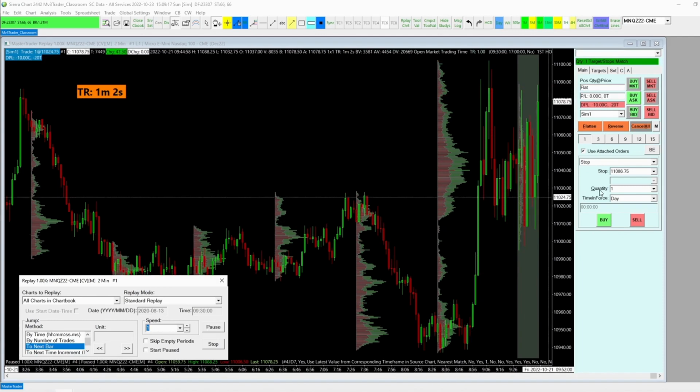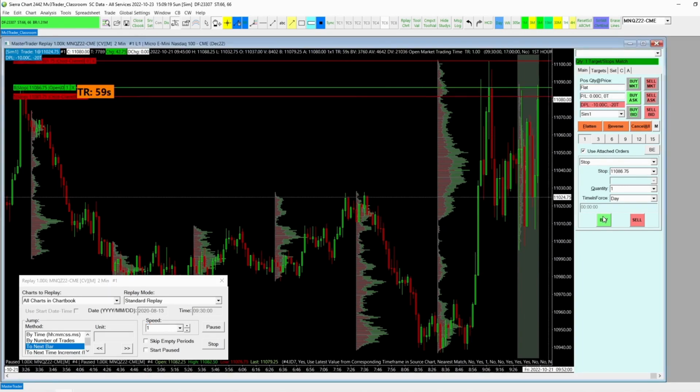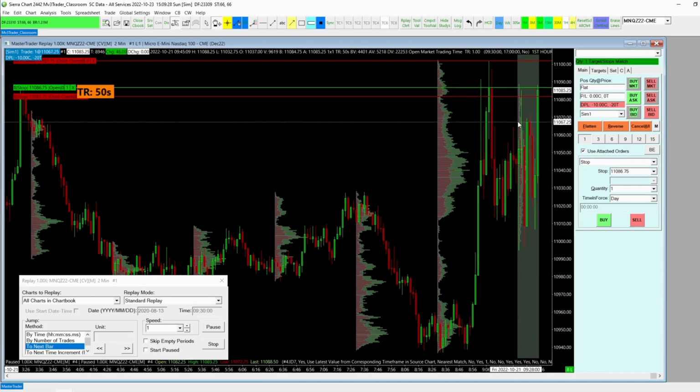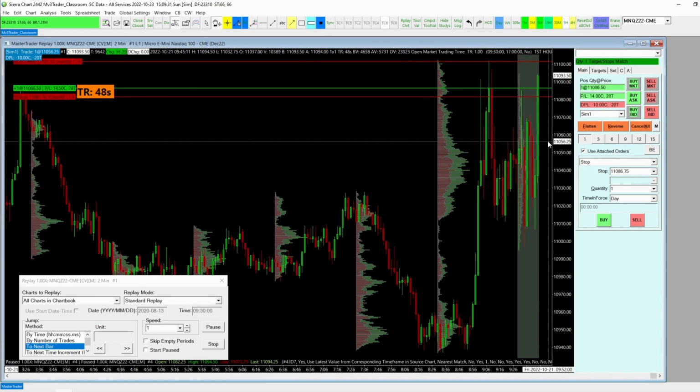So what I want to do is make sure I hit that buy stop again until my thesis is proven wrong. You can see I'm out $10. I lost $10.